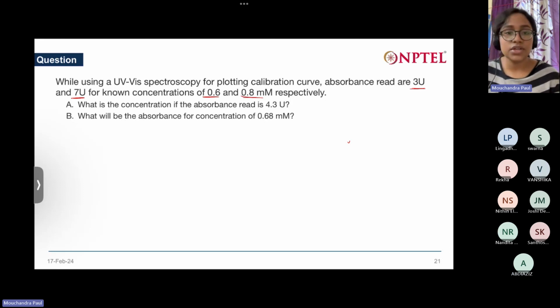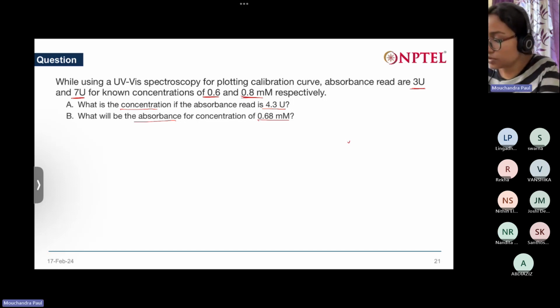Now you first have to plot the curve, get an expression of the curve, and from that expression calculate, first, the concentration if the absorbance reading is this, and second, the absorbance if the concentration is this. If you have understood the question, you can start doing it yourself. Meanwhile, those who have not understood can watch your screen as I do it with you.